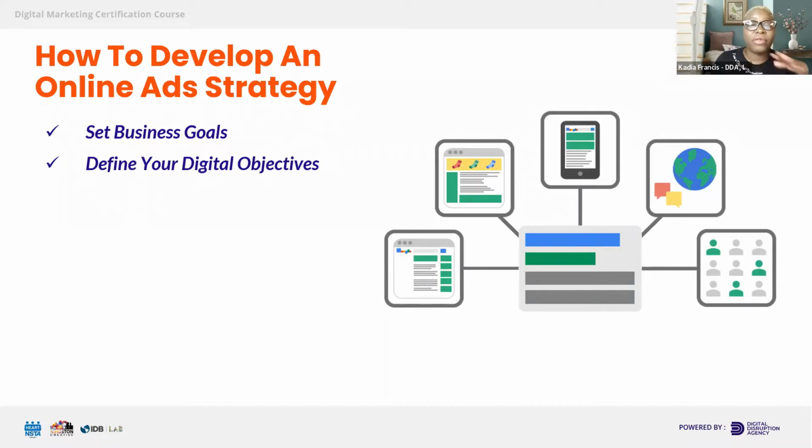Based off those goals, you're then going to define your digital objectives. Why am I pursuing this avenue for marketing? Why am I using these channels to market myself? Why am I creating a website? Why do I need an app? Why do I need two or three social media platforms? Why am I doing any of this? What am I trying to achieve by doing this?